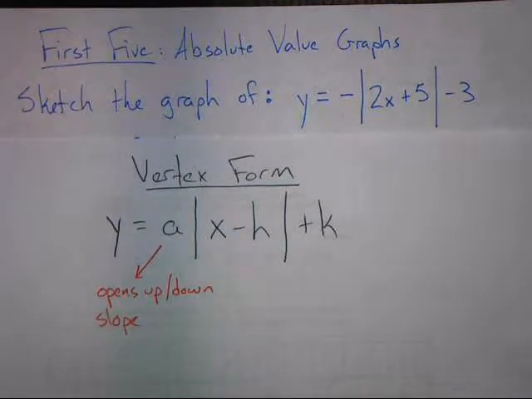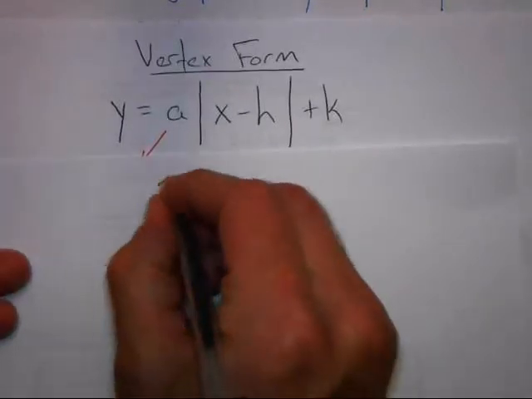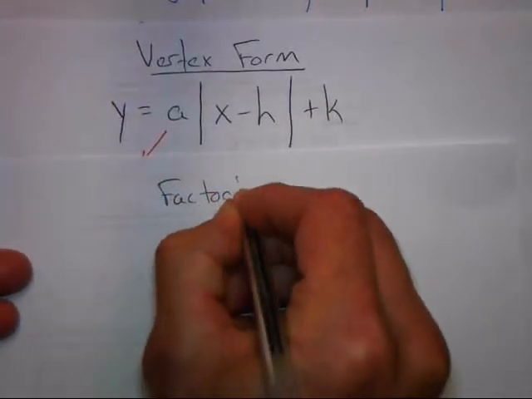And in order to figure that out, we need to go back to some basics from Algebra 1. So when we go back to basics from Algebra 1, we have to remember a little thing called factoring.